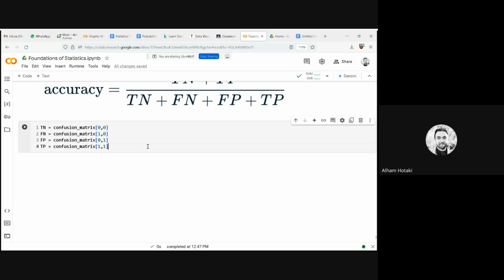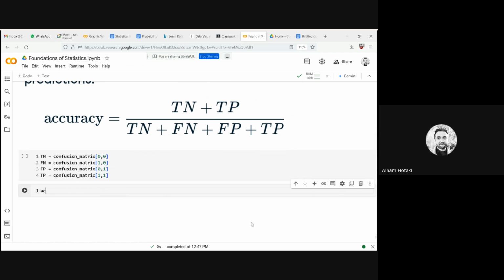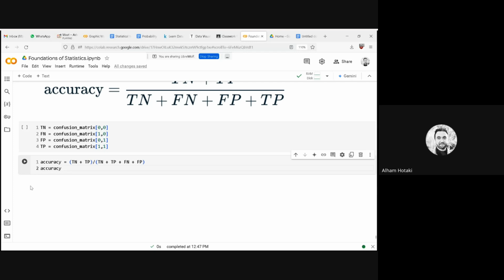Now let's try to define the accuracy. Based on this formula, we will define the accuracy: TN plus TP, which we have, and then divided by TN plus TP plus FN plus FP.